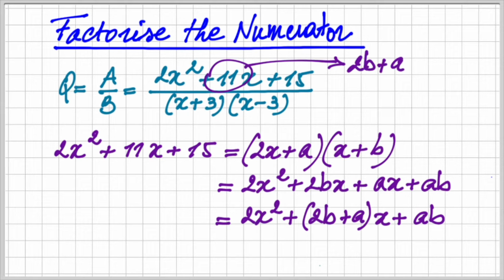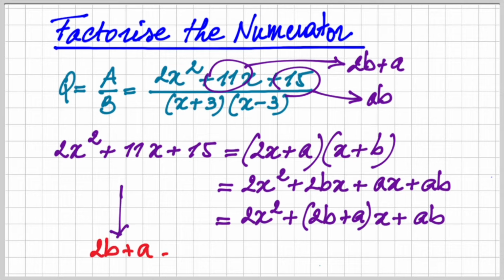In this, 11 is 2b plus a, and 15 is equal to a times b. So basically we get results out of that: 2b plus a is equal to 11 and ab is equal to 15.